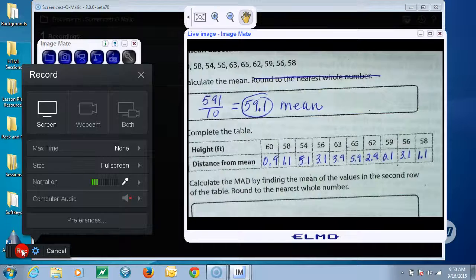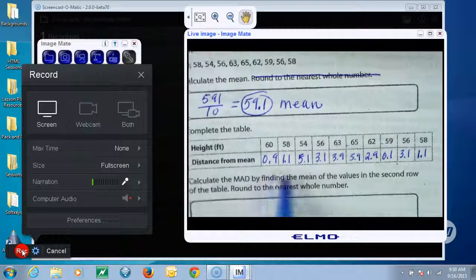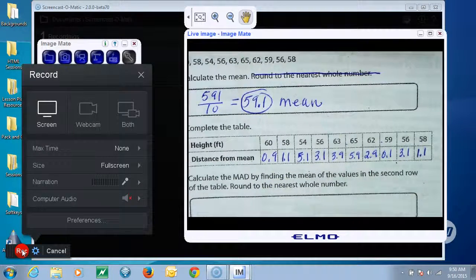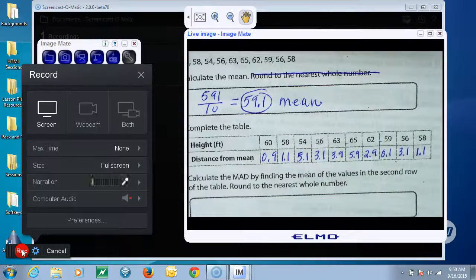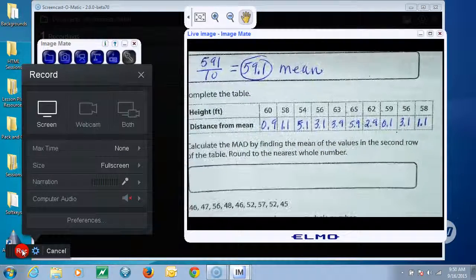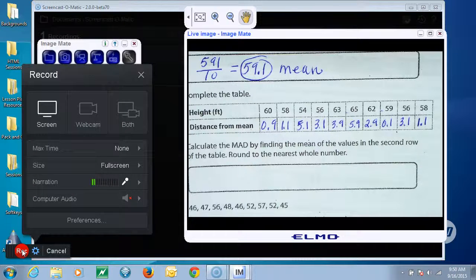Okay. So everybody got? What we just did was we found out how far each number was from the mean. We found out the distance, but we want the positive difference.